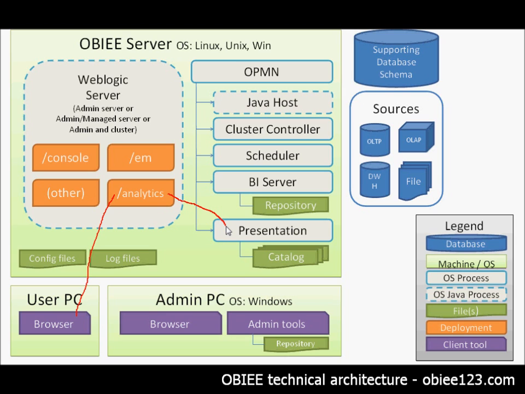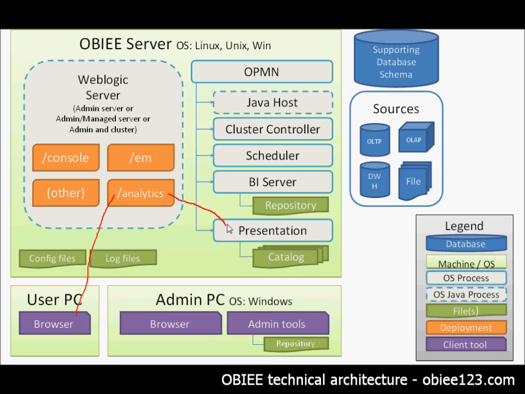The presentation server presents the end user with the logon screen, allows the user to log on, and allows the user to select, for instance, a dashboard or an ad hoc analysis. And if the user develops an ad hoc analysis, during development he might want to run a query to retrieve some data.